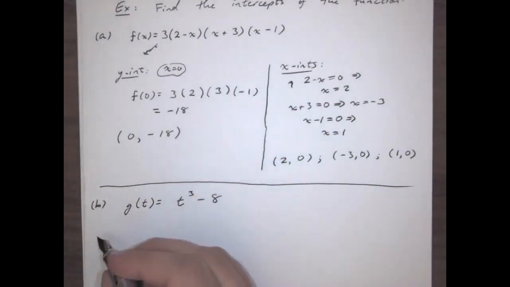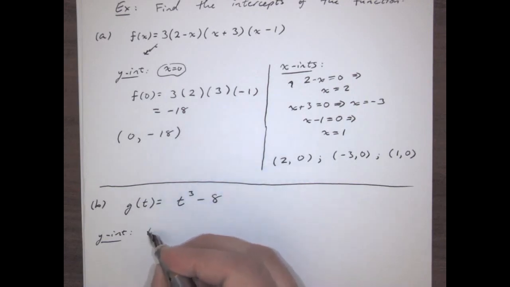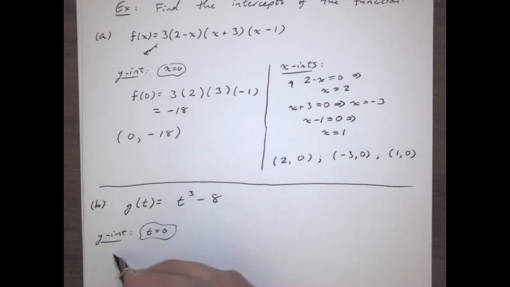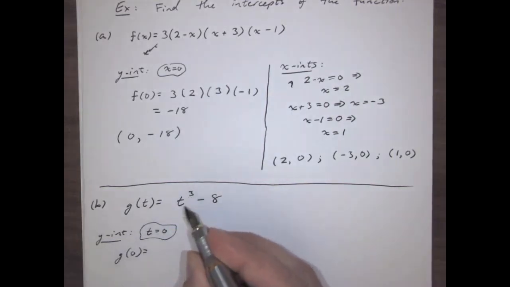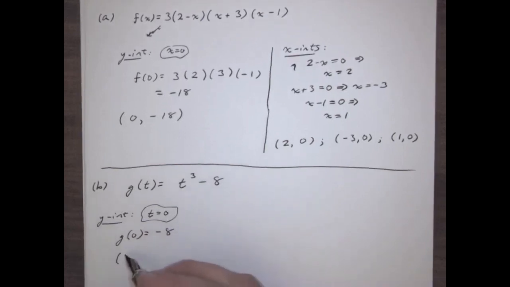So for the y-intercept, you put the input to 0. Here it's going to be actually t, which equals 0. So g of 0 equals 0 cubed minus 8. So that's going to give you the coordinates of 0, negative 8.